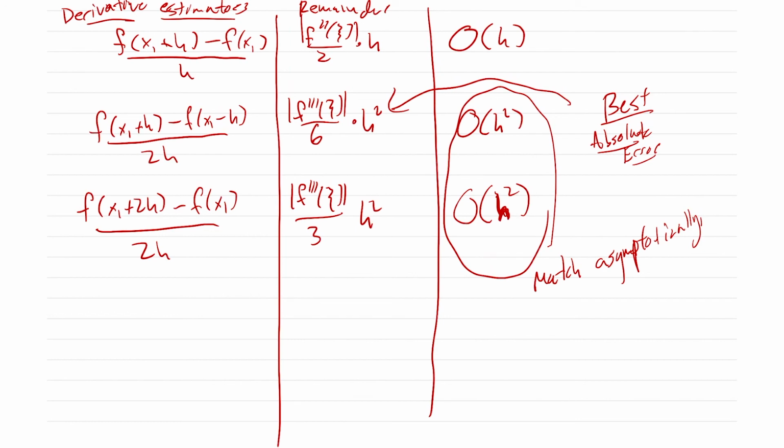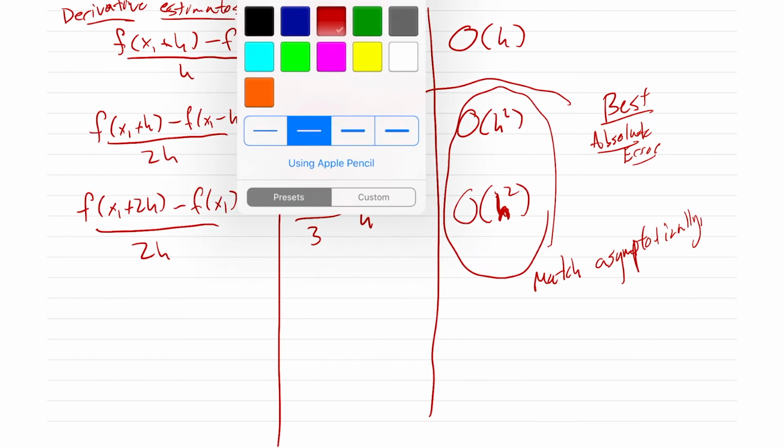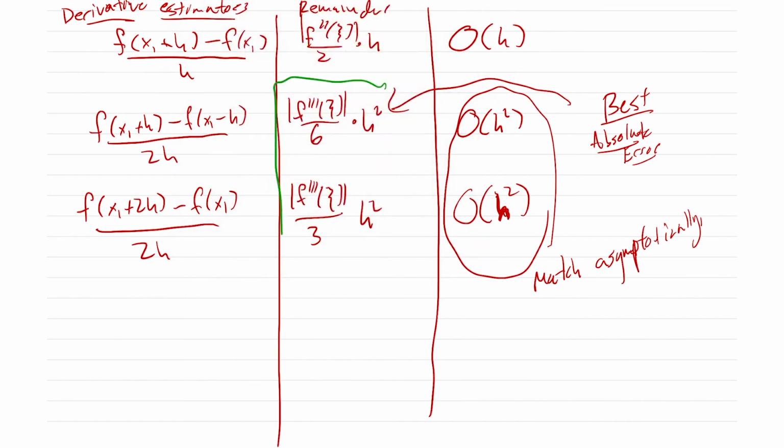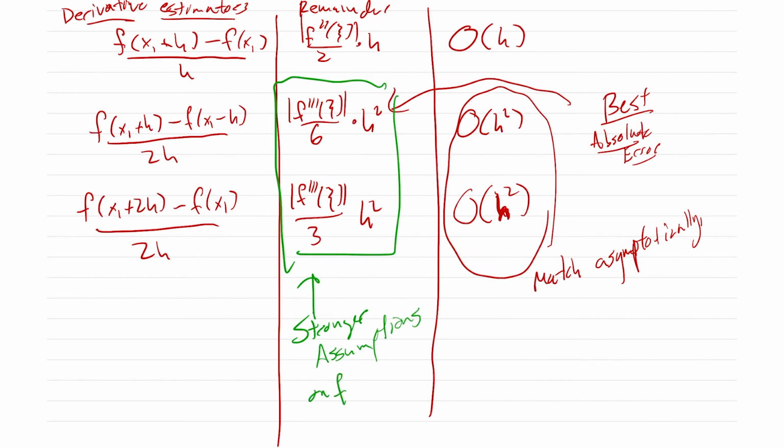But one thing we should note is that for these two, we have stronger assumptions on f. Here, 3 derivatives exist, whereas here I'll only need 2 derivatives.